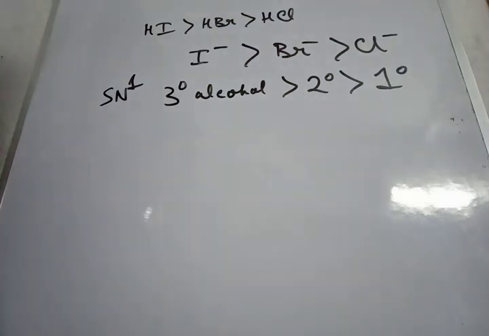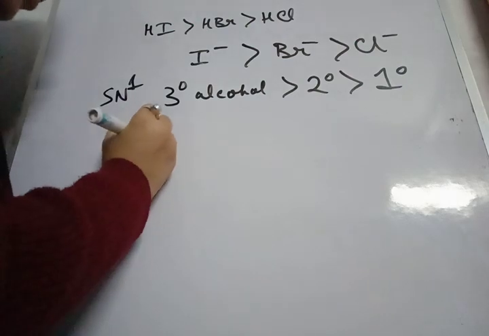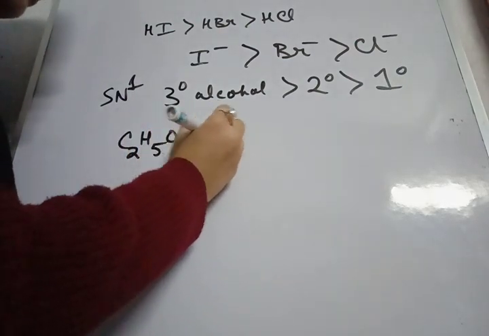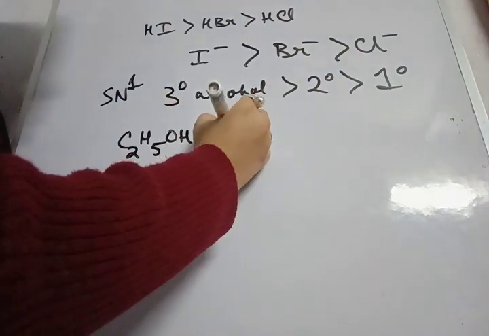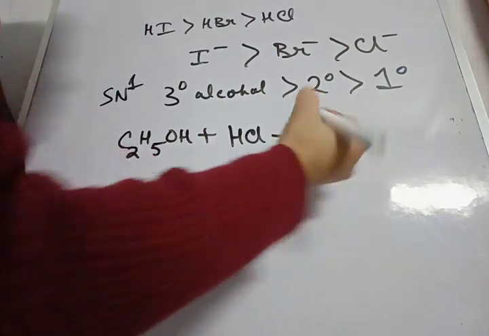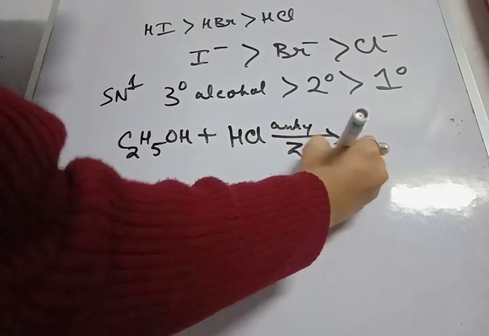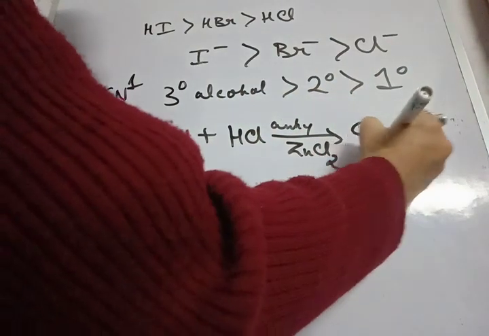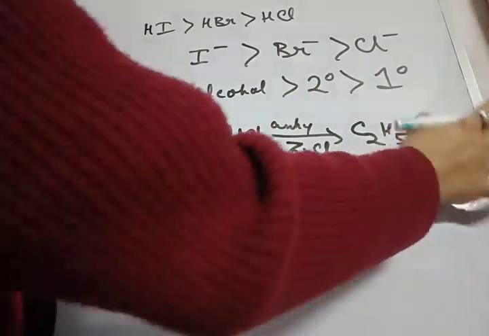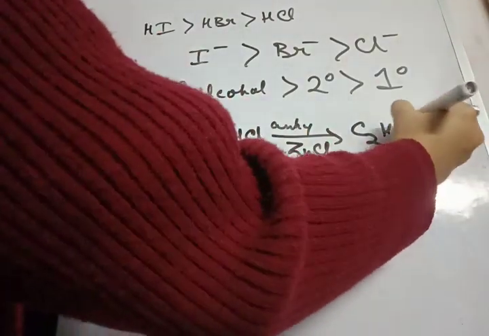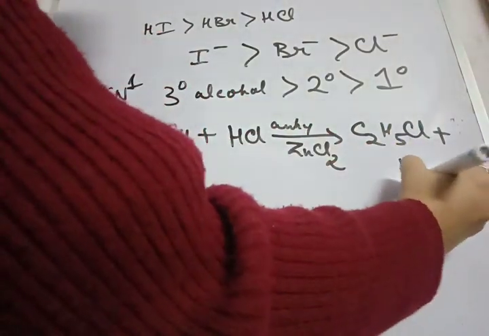Okay, next, when C2H5OH reacts with HCl in presence of anhydrous zinc chloride, we get C2H5Cl plus H2O.